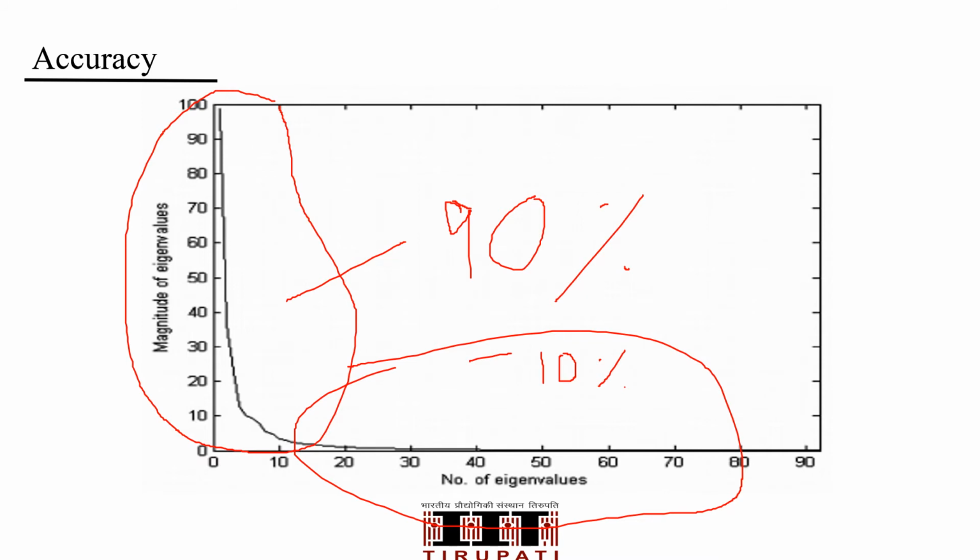But these percentages may vary depending upon the application. We are discarding this amount of eigenvalues because of two reasons. One, to reduce computational time, and the second, these may contribute to noise effects during our computation. Only this part is sufficient to reconstruct the image. I hope what I mean by accuracy here is clarified.